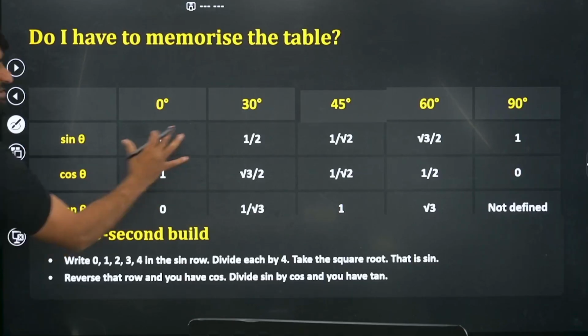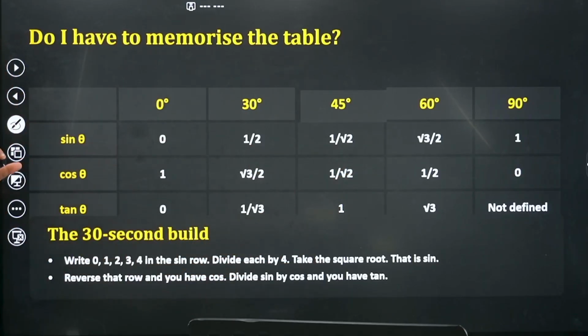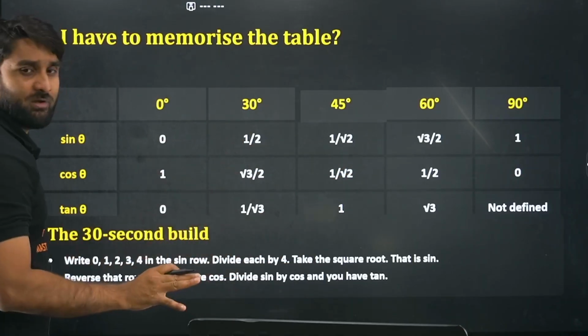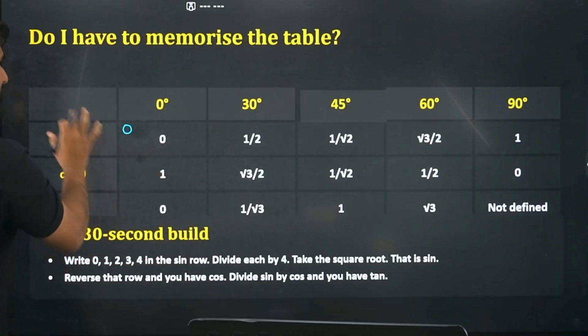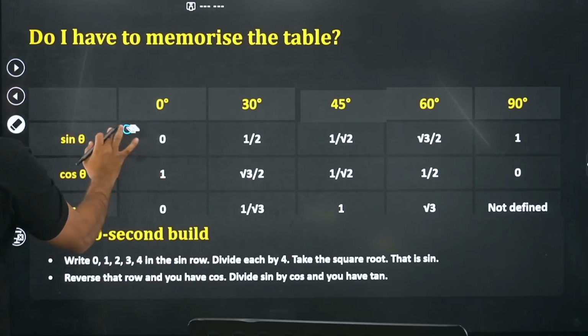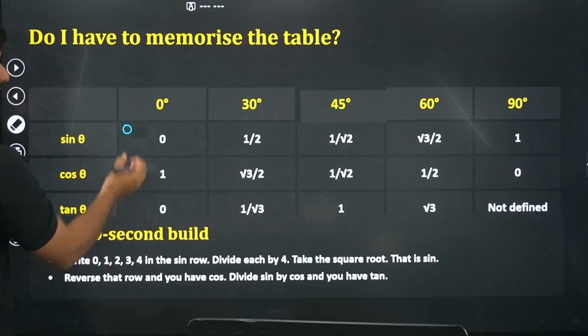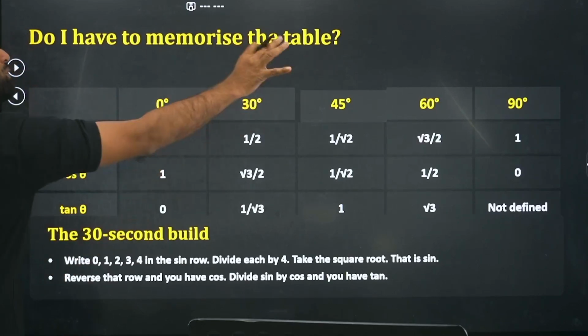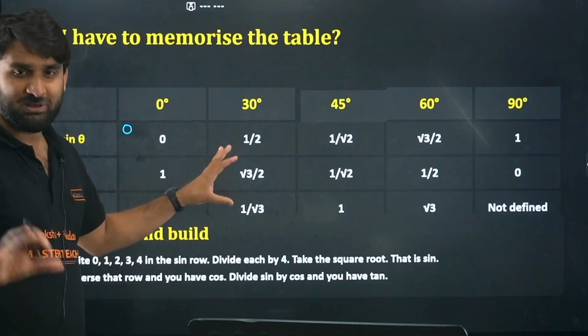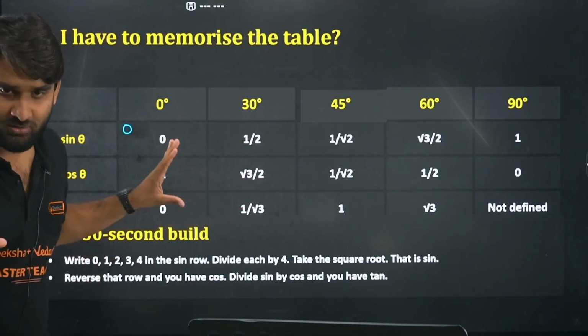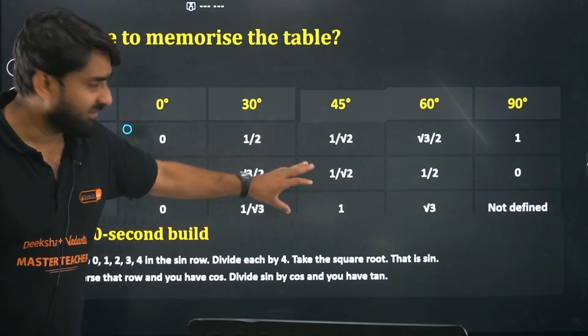Just imagine these values are not here. What you need to do is write the counting in the sine row first, from 0 to 4: 0, 1, 2, 3, 4. For a little while, please imagine the values are not here.